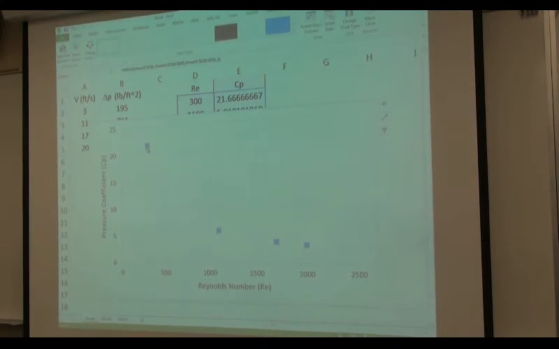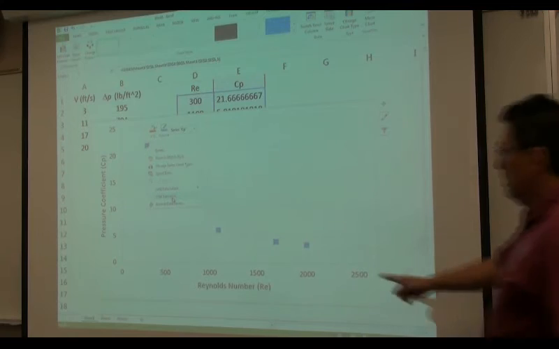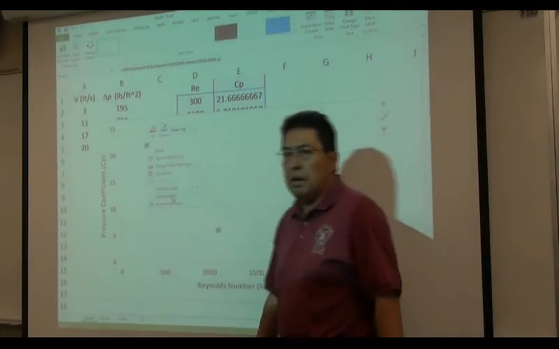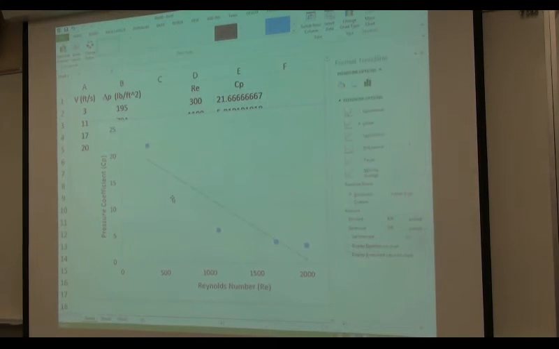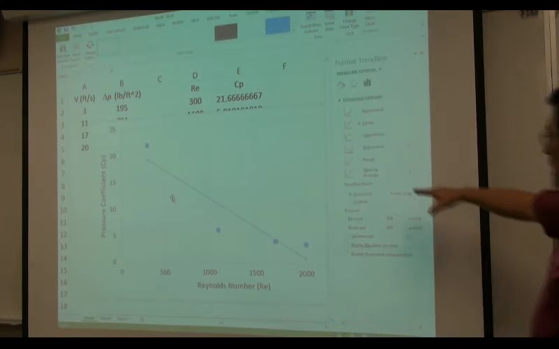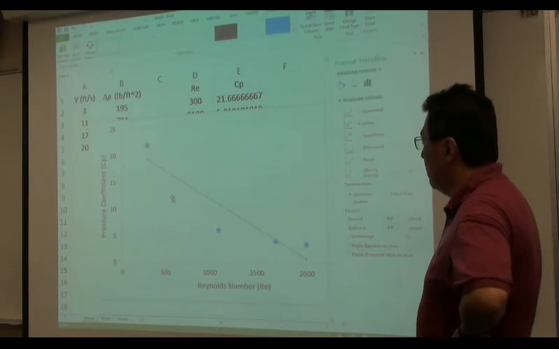You're going to insert a trend line. Look at that. Add trend line, which is curve fit. Now it is going to show you multiple options. How do you curve fit these 4 data points?